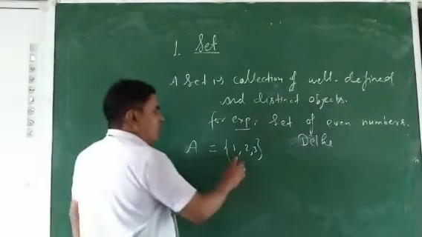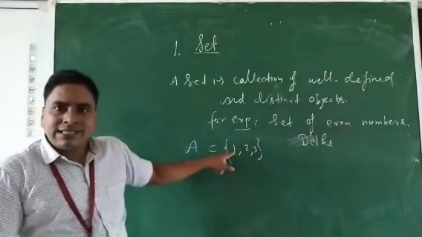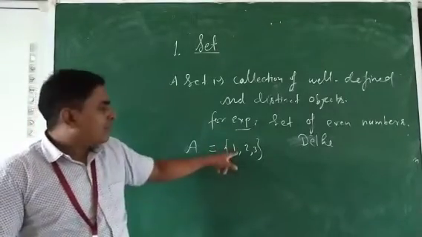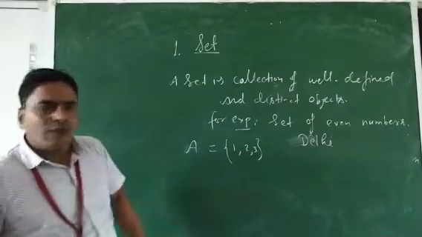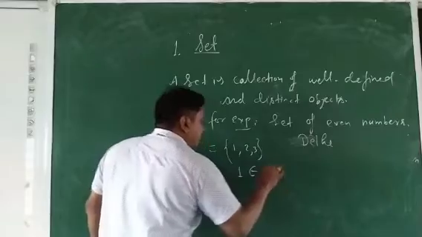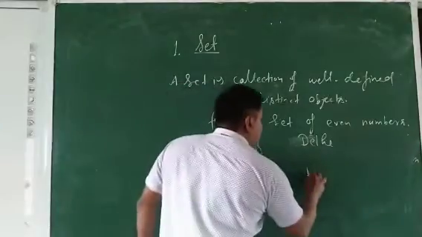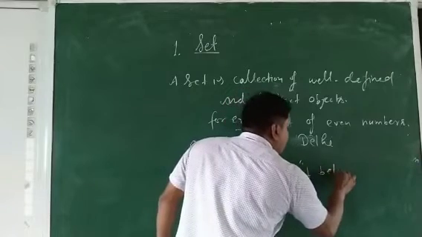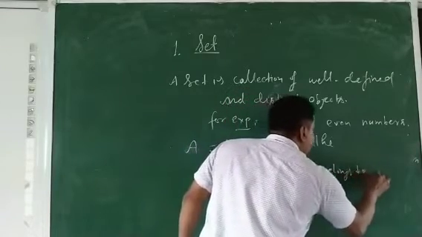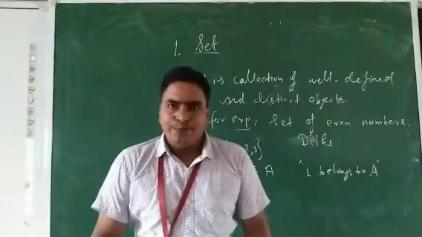Okay, so how can we write in mathematical form that this member is an element of set A? So 1 is an element of A, and we can read this as 1 belongs to set A. Clear?